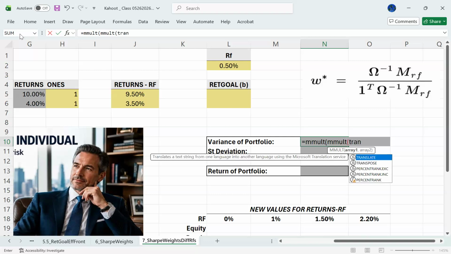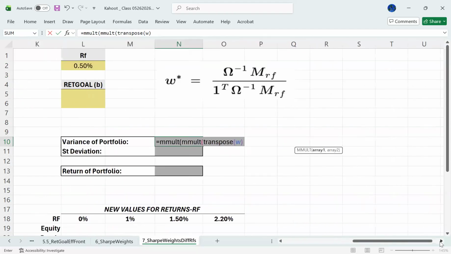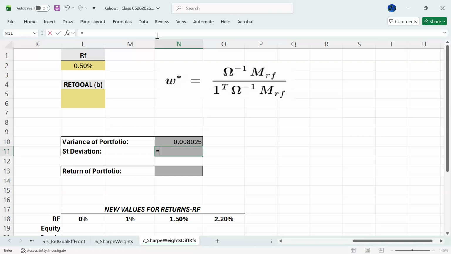It's just MMULT, and then we're multiplying the transpose of W. So essentially we're doing W transpose, covariance, W. Because of matrix dimensions, we need to transpose W to ensure that this can be multiplied. We first multiply the transpose of W and COV, and the output of that we then multiply with W. And there we go. This is the variance, and this is the square root of the variance, that is the standard deviation.